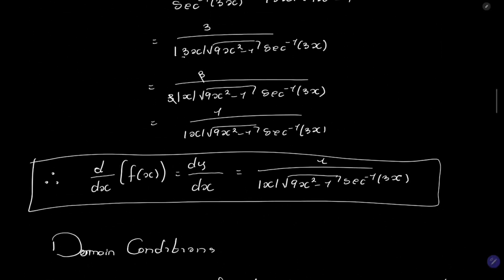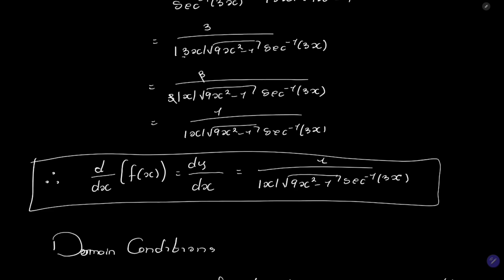Like in this case, we have sec inverse of 3x, and in order to calculate this, it is the derivative of sec inverse of u times the inner derivative of the inner function 3x. Most of the time, students forget to differentiate this inner function and multiply it. So those are just a few of the common mistakes students mostly make.